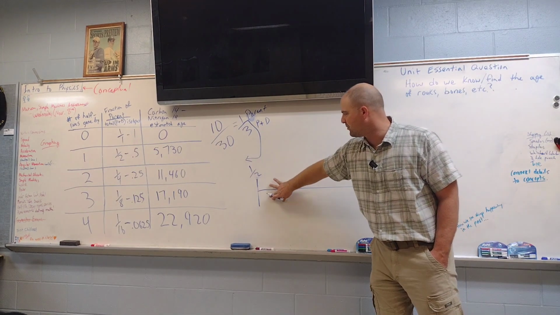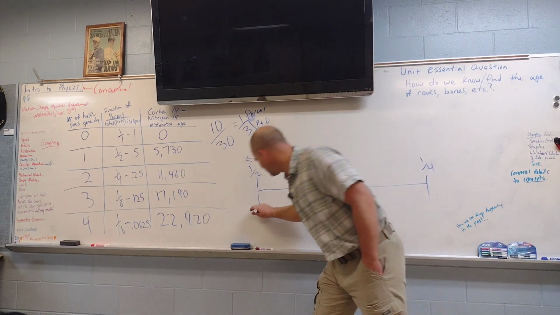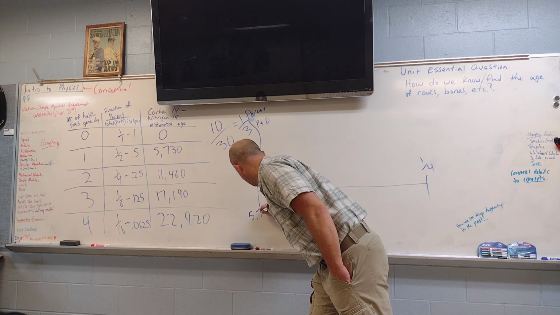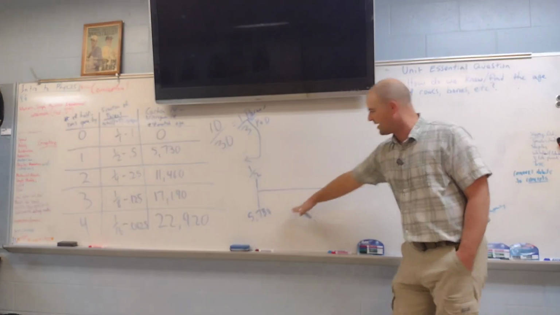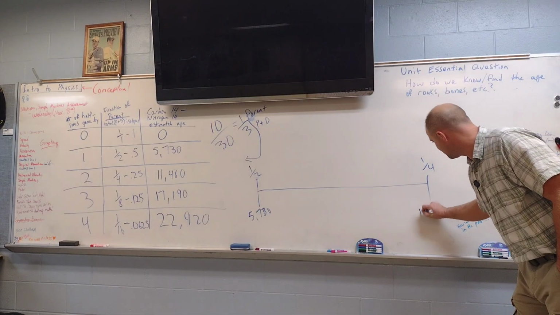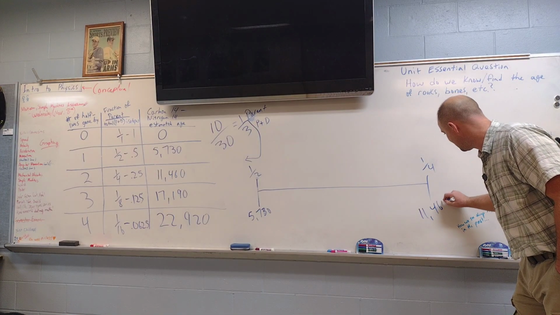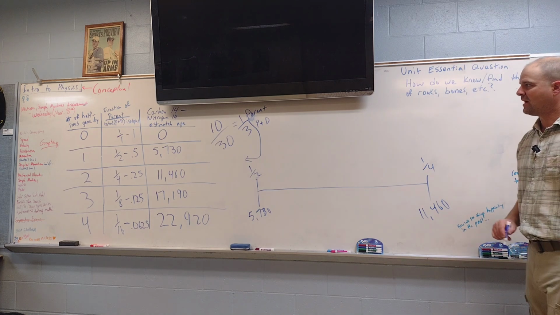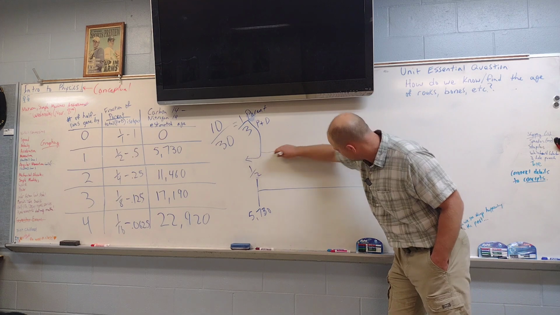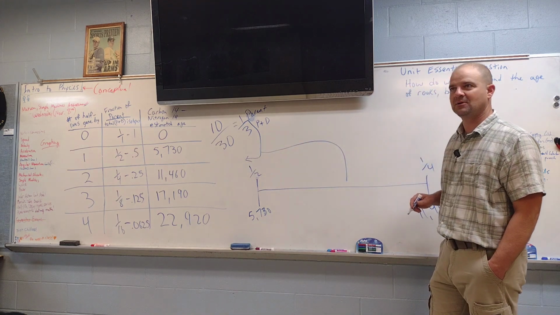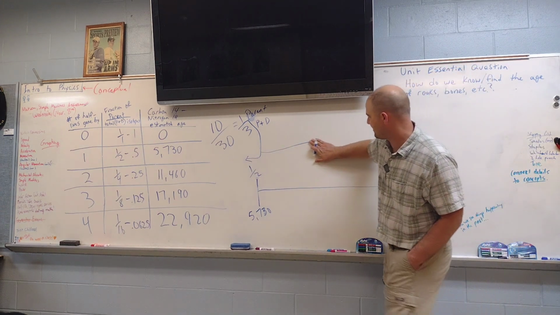And how much time would have gone by at a half? 5,730 years. Yep, so we've got our number line side and our timeline side. This would be 11,460. And if it were true that it'd be right in the middle, you'd expect this to be right there in the middle. Let's see if that happens.